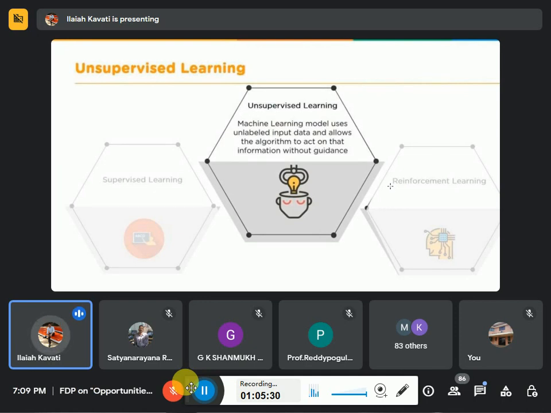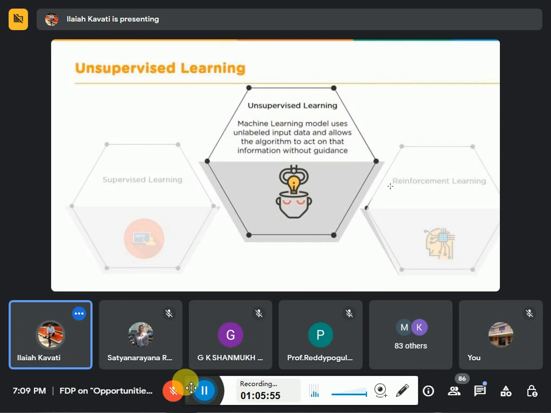We will not tell the machine whose data this is. That example I took, Virat Kohli, is a batsman. In supervised learning, we give that, but in unsupervised learning, we simply give their scores.